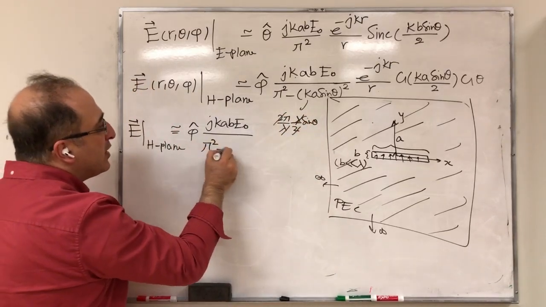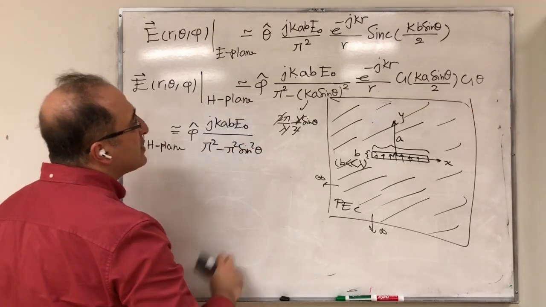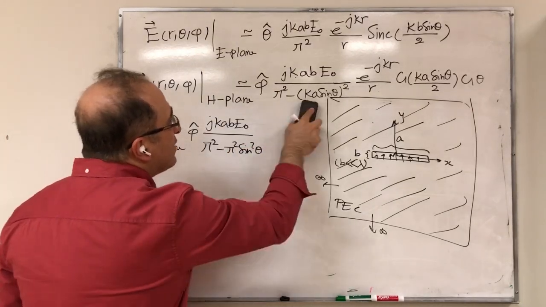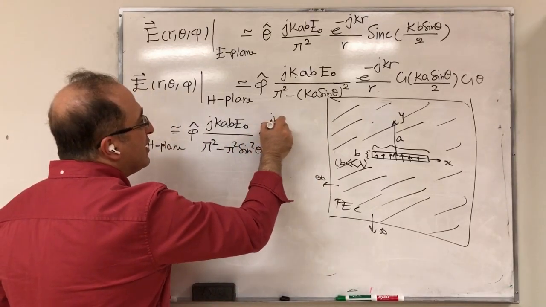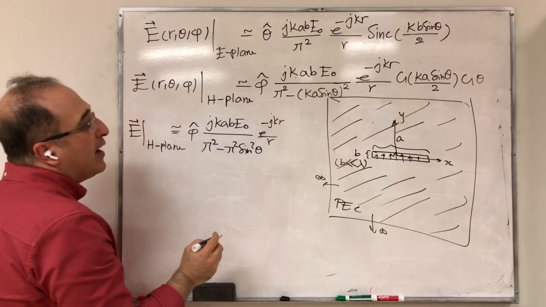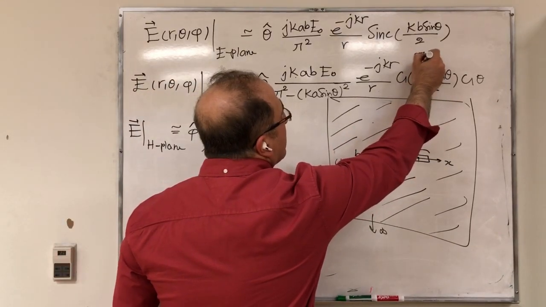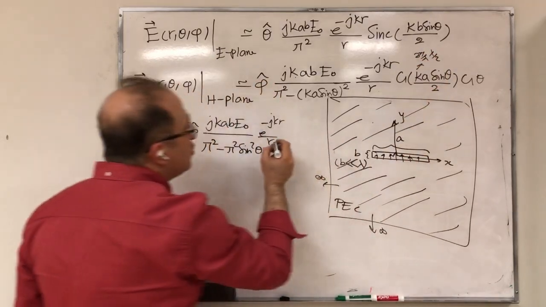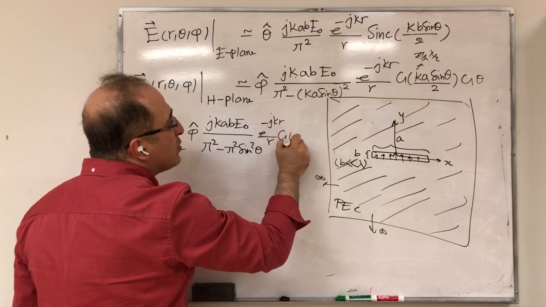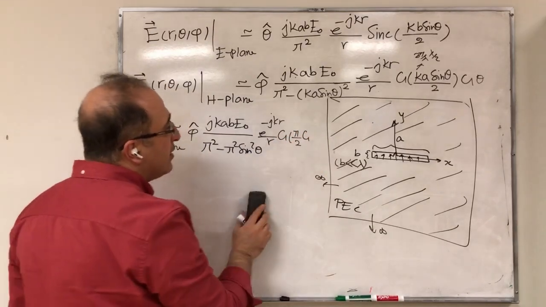So pi squared minus pi squared sine squared theta for this. And then you get e to the power of minus jkr over r. And then here you're going to have again 2 pi over lambda by 2. That's going to give you pi. Then you have a 2. That's going to give you cos of pi over 2 sine theta.